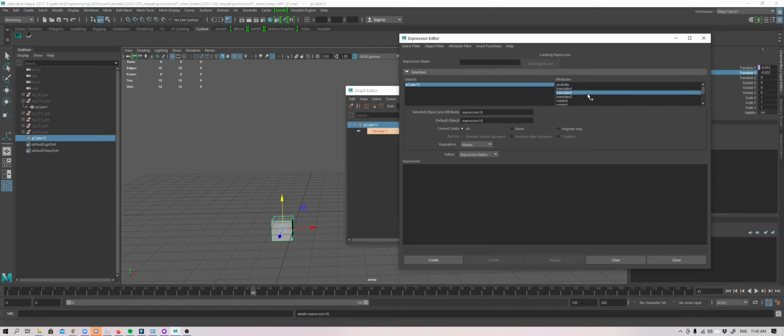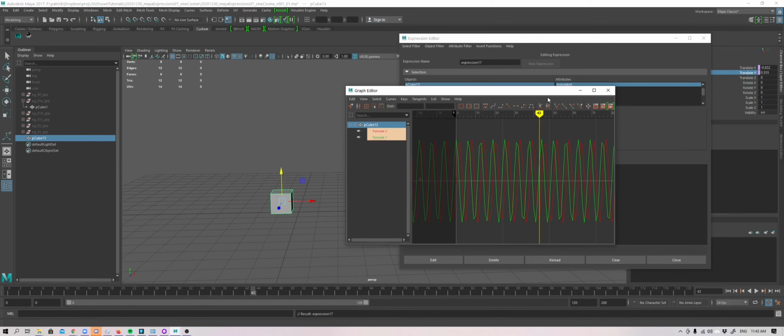Go back to translate x, I'll see expression 17, and I'm going to say ty equals. Because my default object is pCube13, it still knows to connect the output of this expression to the attribute translate y. ty is the short name of the attribute translate y. If I say cosine frame, okay, so this is sine and cosine in the simplest form.